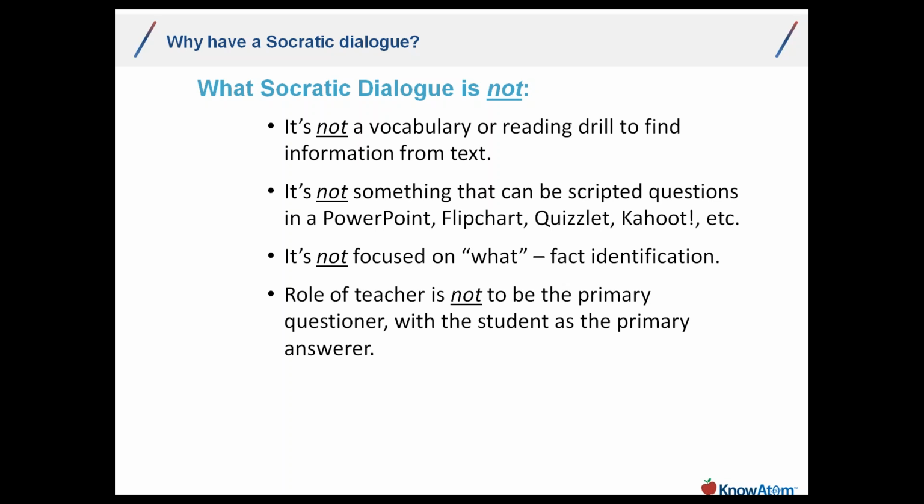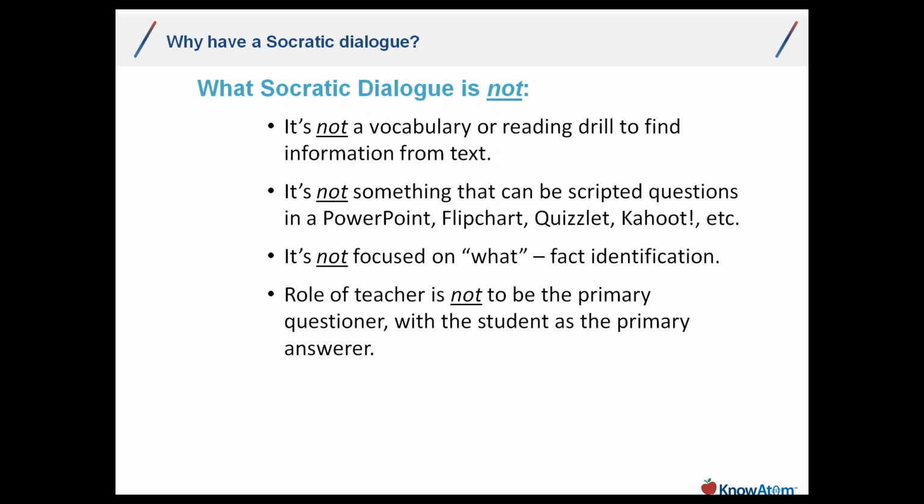So a Socratic dialogue, and this is where some folks get a little bit bogged down or perhaps misinterpret, is not a vocabulary or reading drill to find information from a text, whether it's an informational text or not. It's also not something that can be scripted as questions you wrote, or that you pulled out of the curriculum and put into a PowerPoint or a flip chart or Quizlet or Kahoot.